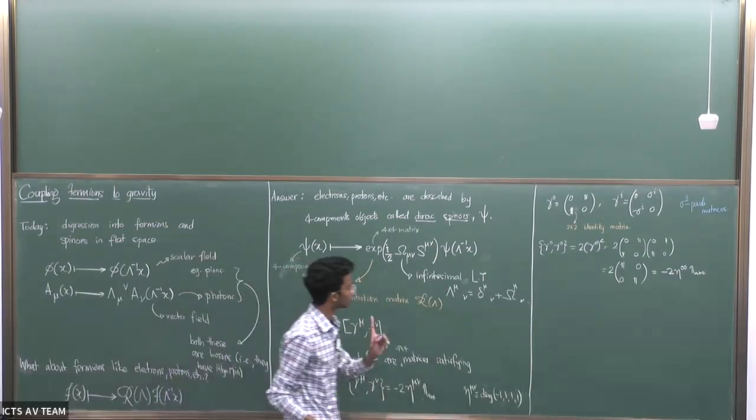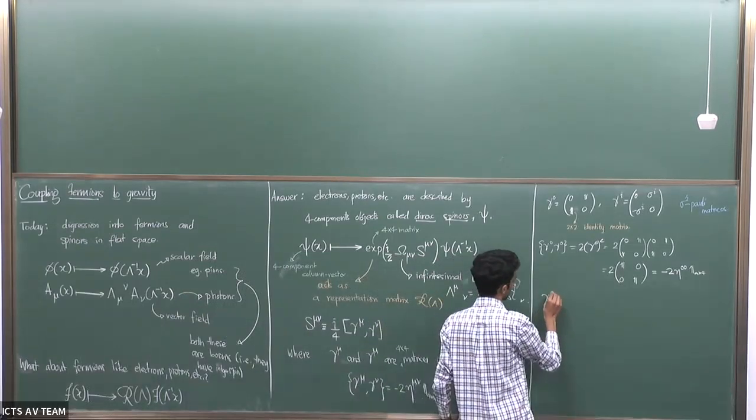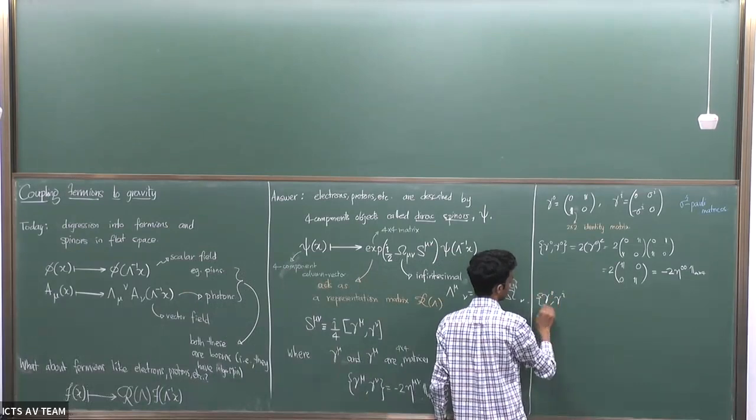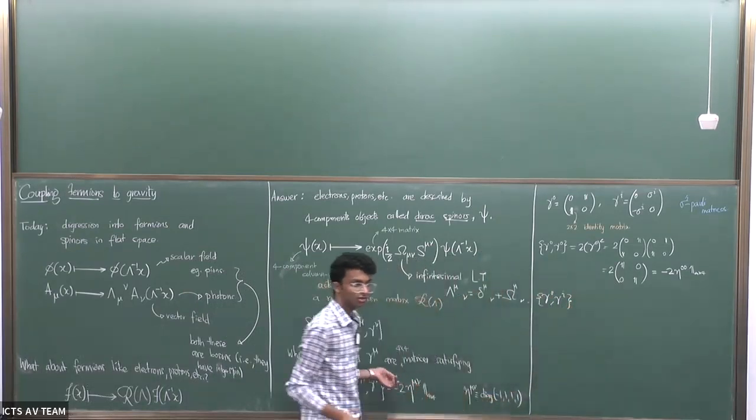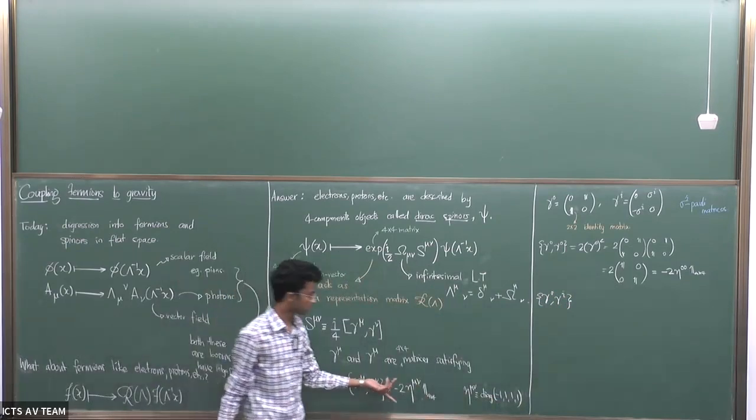I can check one more if you want. Yeah, maybe one more. Gamma 0, gamma I, let's do. So what do you think the answer for this should be? 0, right? Because eta 0 I is 0.